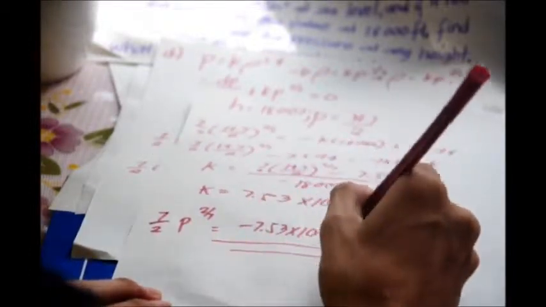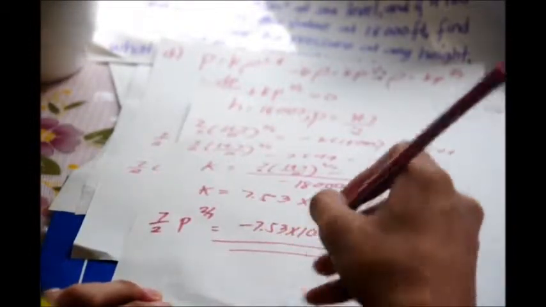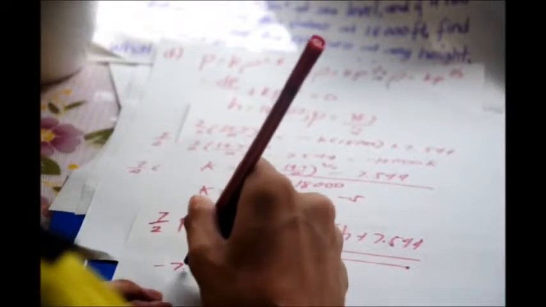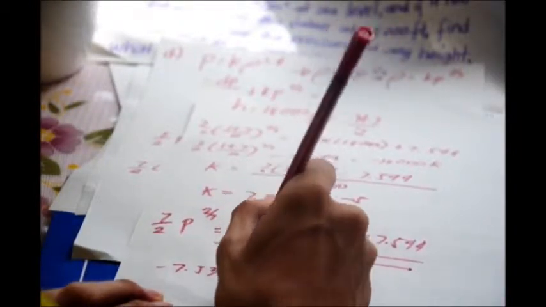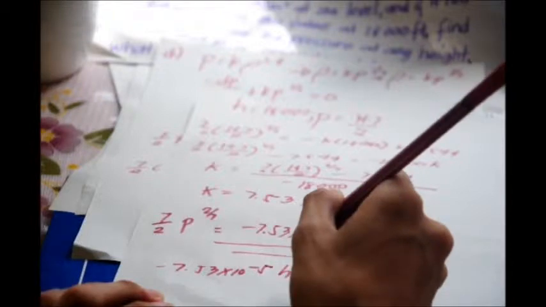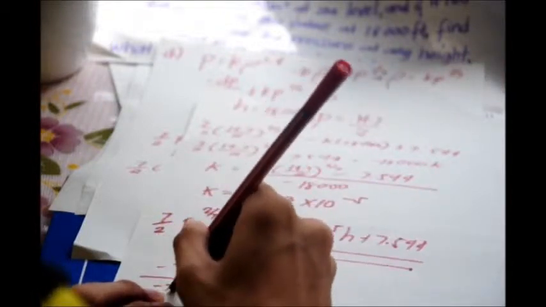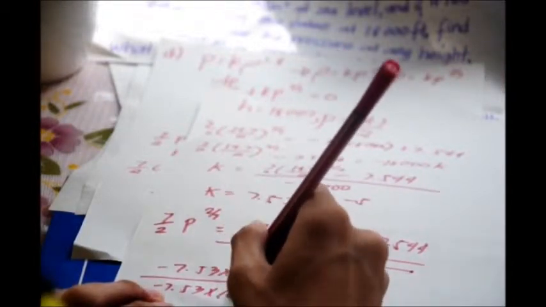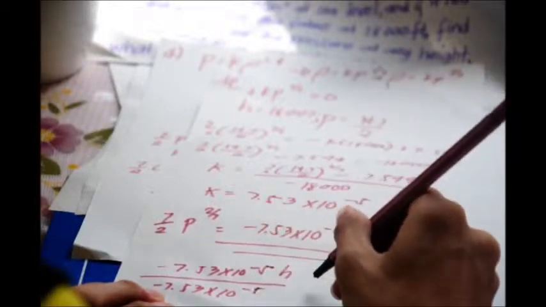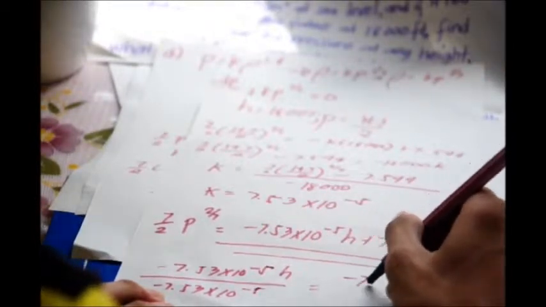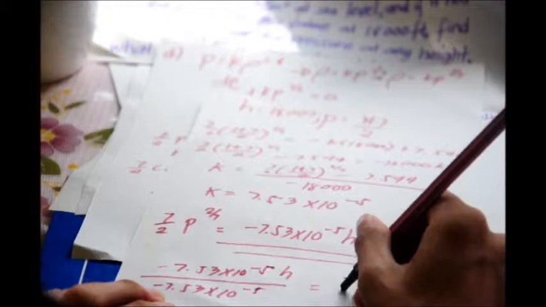Solving for H, we have 7.53 times 10 H over 7.53.